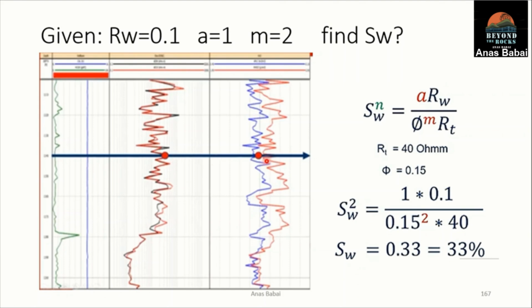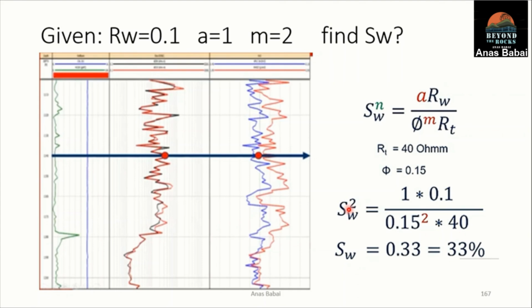We get them from the logs. RT is the reading of the deep resistivity in that specific interval, and the porosity, we know that it's equal to neutron porosity plus density porosity divided by 2. Sorry that the scales are not clear, but those values have actually been measured from the log itself.